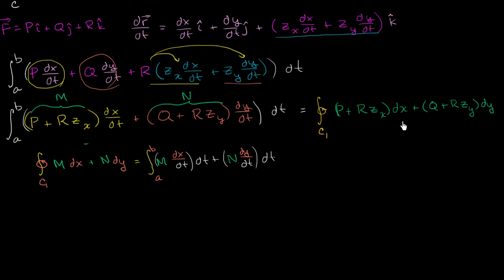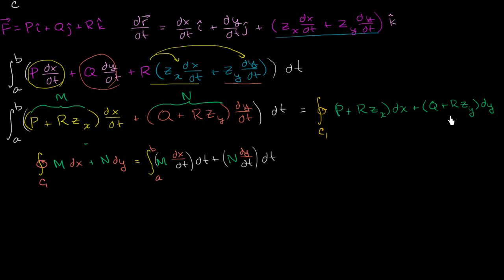And this is really interesting because this path that we are now concerned with is completely analogous. I hope you don't think I'm doing some voodoo here. This statement is completely analogous to this statement where M could be this and N could be this. And so we can revert it back to the path C1 that sits in the xy plane. Not our original boundary C, but a boundary in the xy plane.